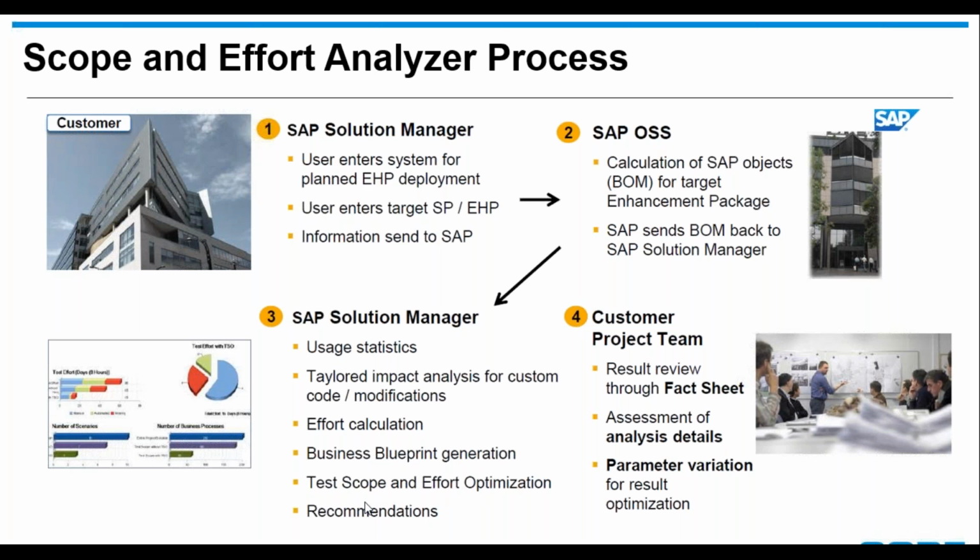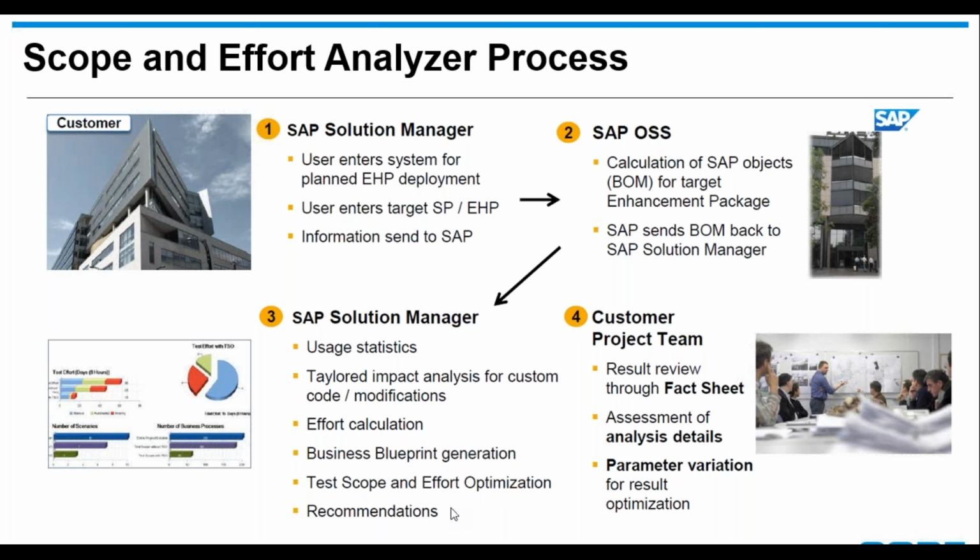So test scope optimization is also in BPCA. Maybe you're going to find that a particular object is used in more than one place. That's pretty common. If you think about test cases, you have transactions and end-to-end test cases multiple times. So test scope optimization helps you to only test those objects that have changed the fewest number of times within the end-to-end test case.